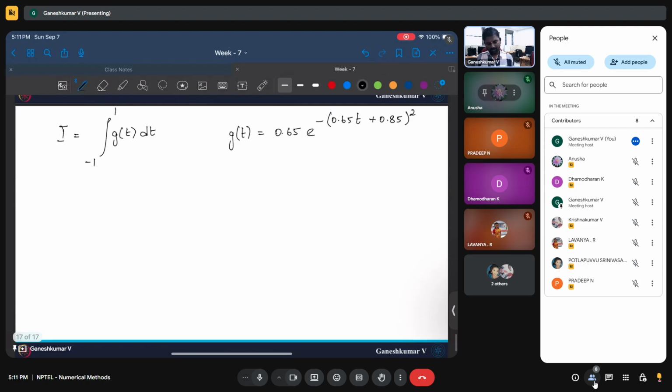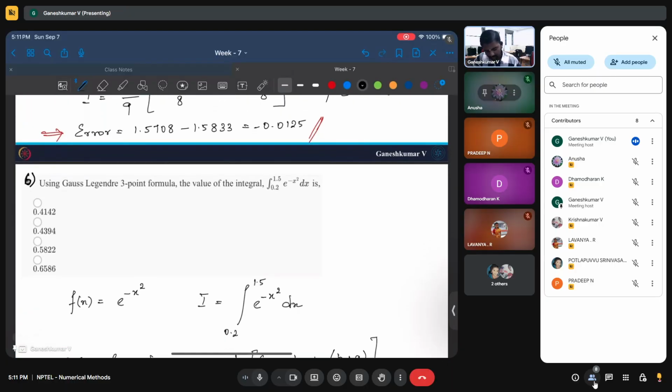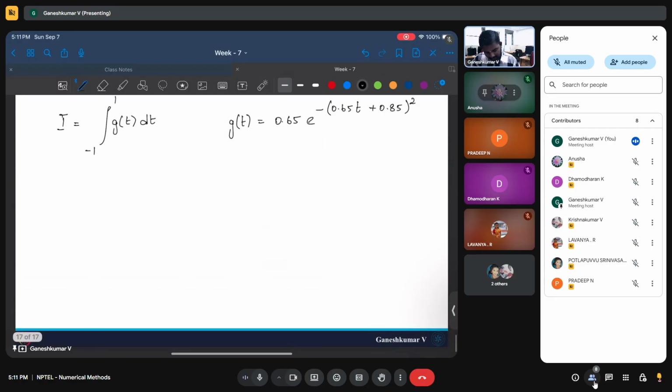Now we need to apply the Gauss-Legendre 3-point formula for this function. What is the Gauss 3-point formula?